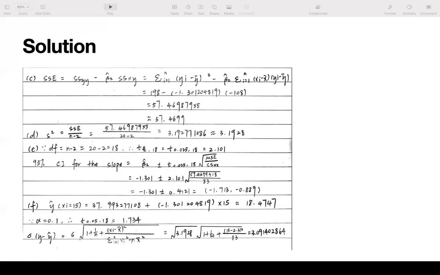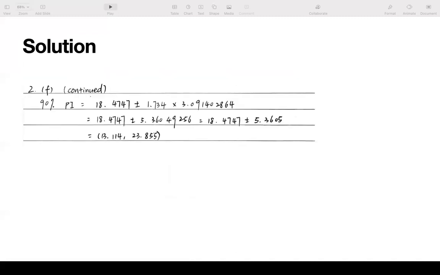Thus, the estimated value of y is 18.4747. Since we are using alpha equal to 0.1 for the 90% prediction interval, the critical value of t is 1.734, and with the standard deviation given by this formula, it is equal to 3.09.